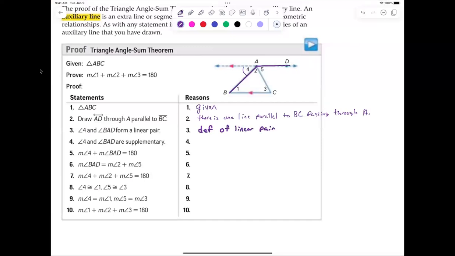Now, like I said, if you have something a little different, I'm okay with that. Then why are angle 4 and BAD supplementary? Well, believe it or not, that is the linear pair postulate.